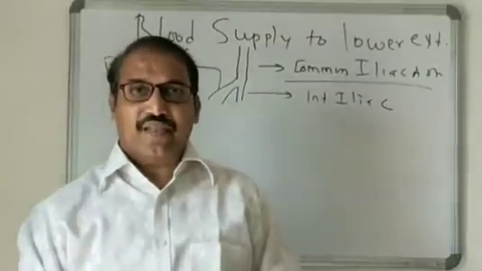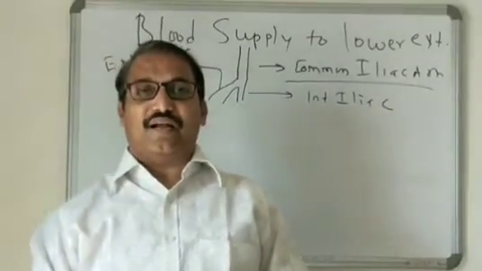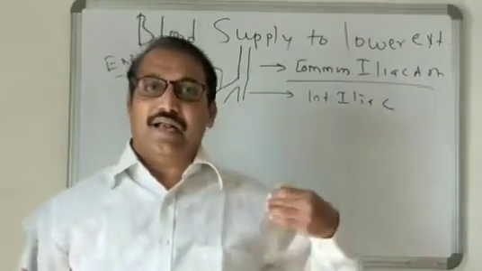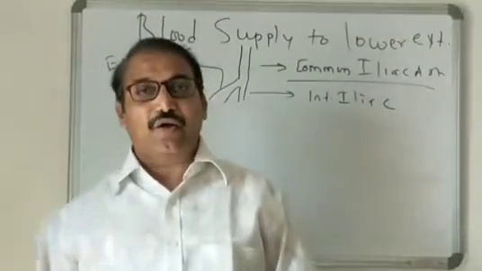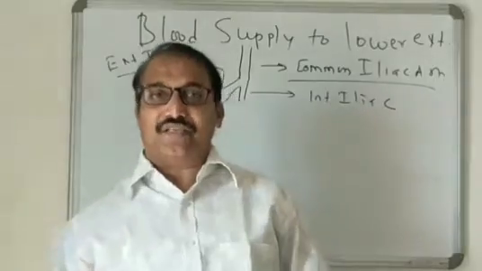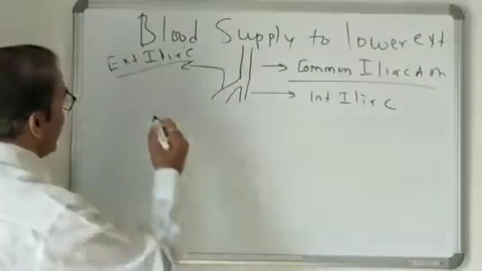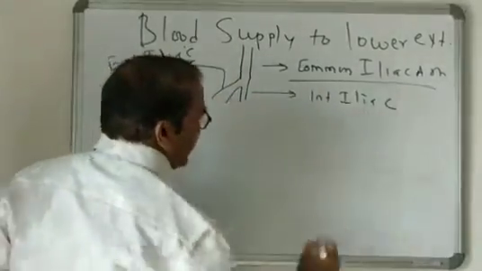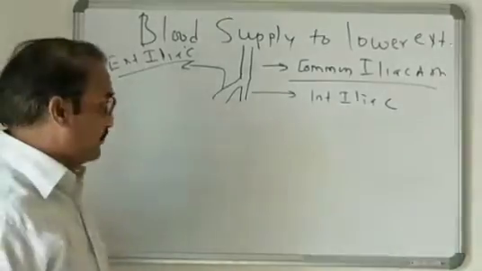The abdominal aorta gives two common iliac arteries, right and left. The right common iliac artery again gives two branches. The first branch is the external iliac artery and this is the internal iliac artery.